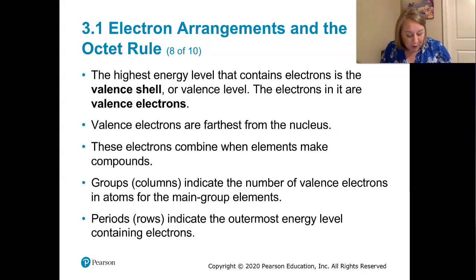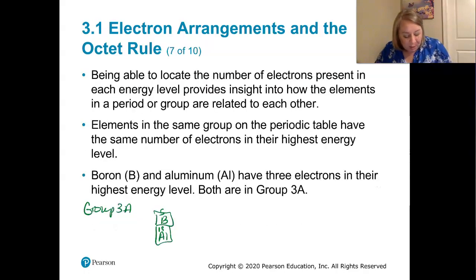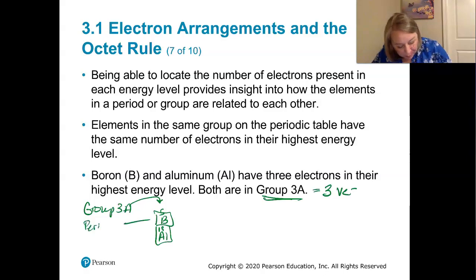So if we look at our example, both boron and aluminum are in group 3A. Well, if they're in group 3A, then I know I have, guess what, 3 valence electrons. But boron is in period 2, whereas aluminum is in period 3.